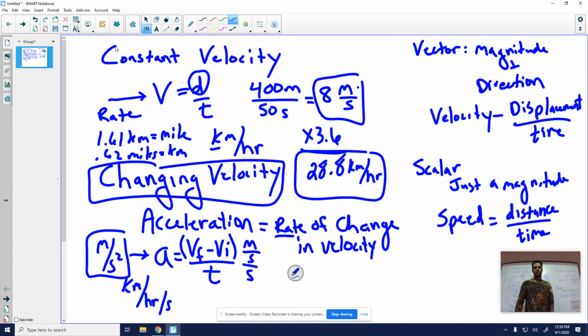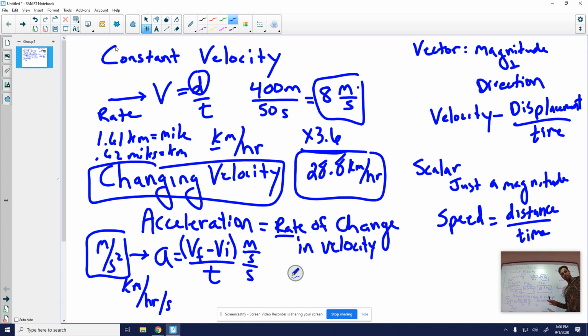Like the most famous acceleration is the acceleration of gravity. That's 9.8 meters per second squared. So that's the units that we'll use. If it's English units, it would be 32 feet per second squared, because 9.8 meters is 32 feet, roughly.